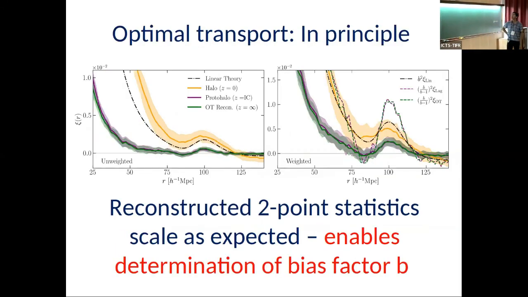Now to check the shape, let's again look at this one. There's the shape which is linear theory, the black dot-dash. There's the gold, so that's the mismatch we said we had to fit. And now I've rescaled the other curves.